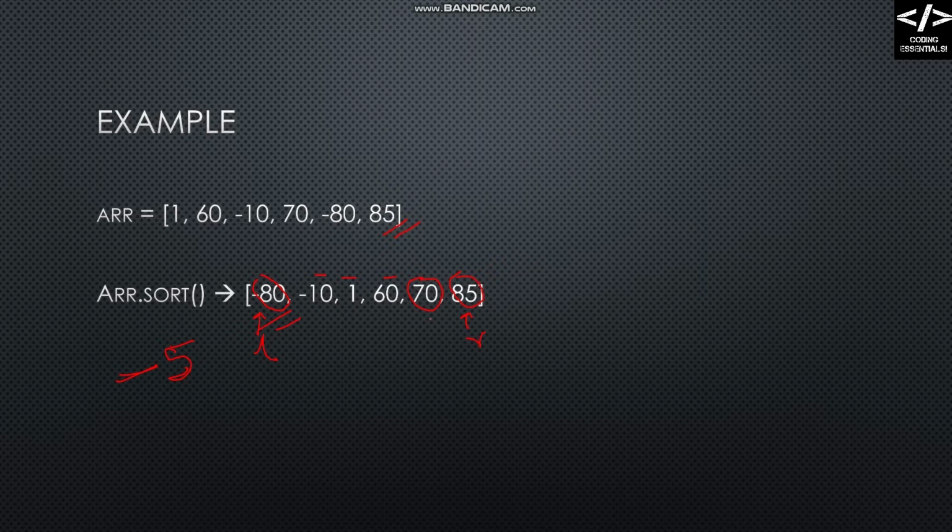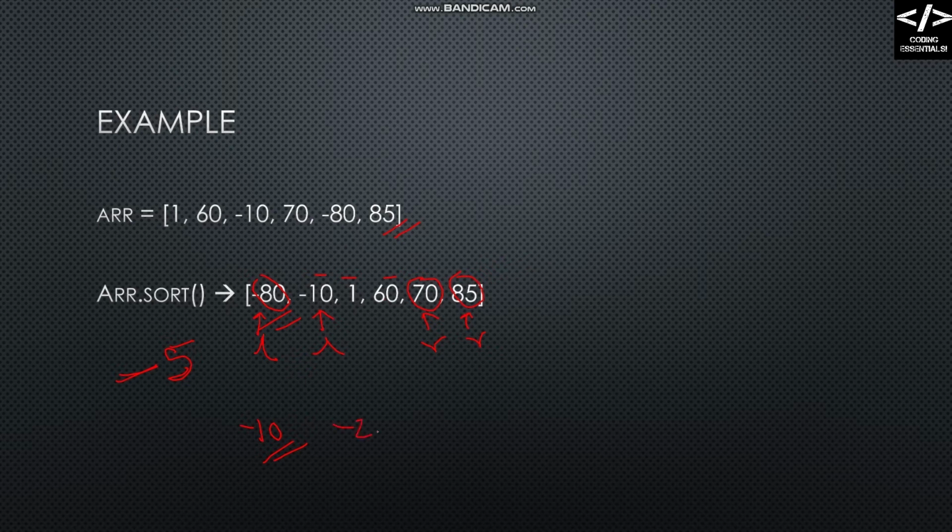So now the right index is on 70, and now we will add, and the answer is minus 10. So it's minus 10, so we will increment the left index, and it is here. Why would we increment it? Because after 70, all the right side elements would be less than 70. If we take 60, for instance, minus 80 plus 60 would be minus 20, which is always greater in magnitude than the sum of minus 80 and 70.